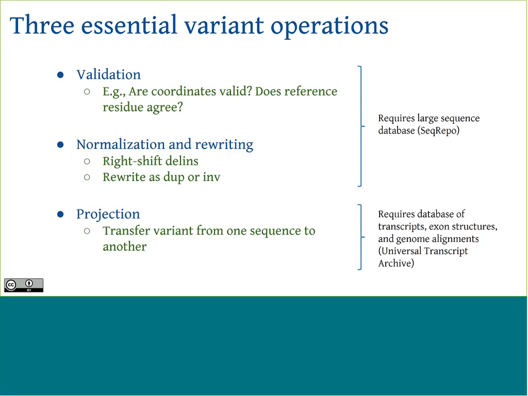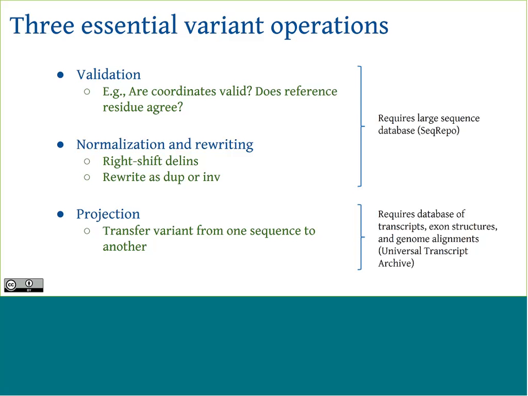NCBI doesn't provide a historical alignment of old transcripts to old genomes. Or more correctly, what they do provide is an alignment of the most current transcript to a current assembly. And so if you read in a paper an older transcript, you are a little bit hard pressed to ever find the alignment that refers to that, that is necessary to interpret that variant.